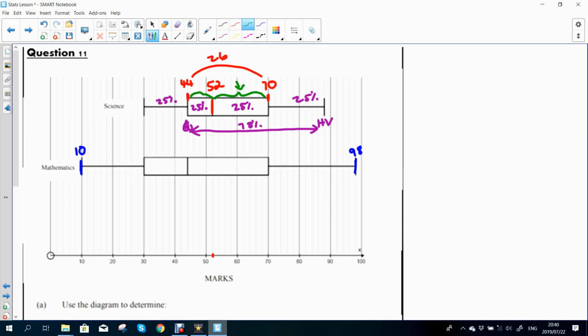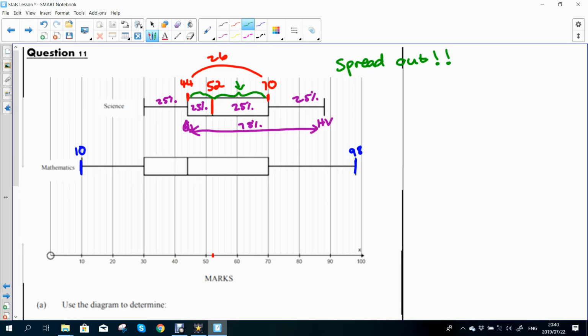The box and whisker tells you about the spread. How are your data values spread out? That is what a box and whisker tells you. It's not the amount of people, but the spread of the people.